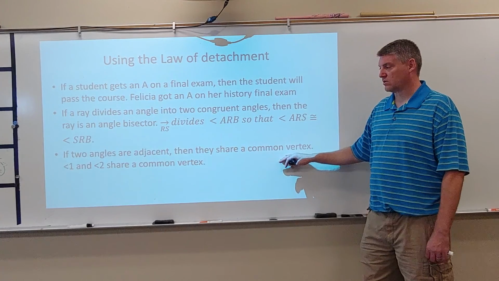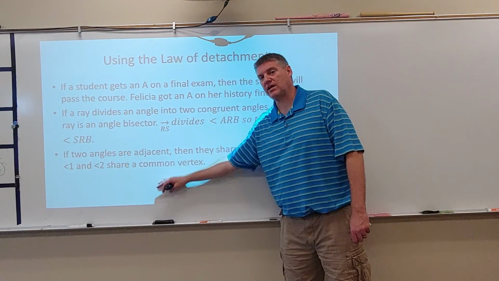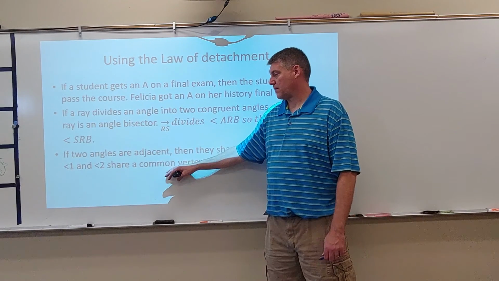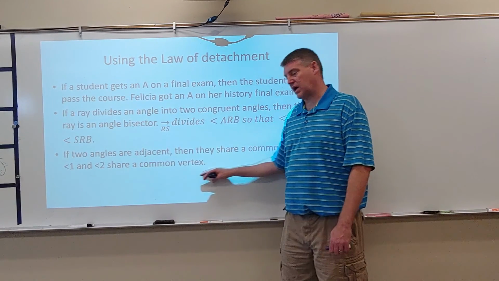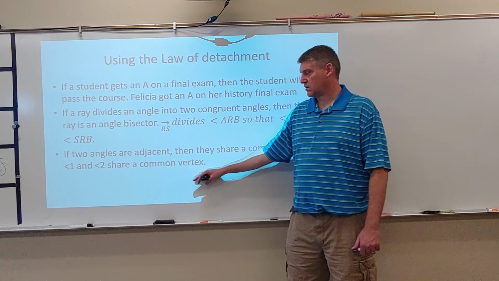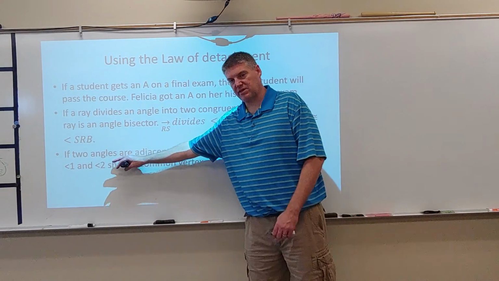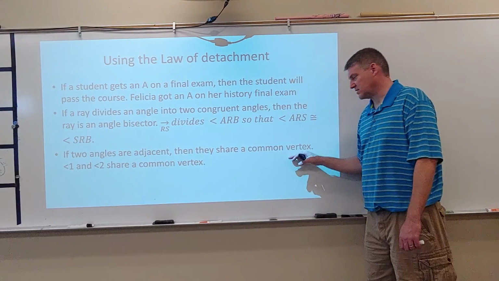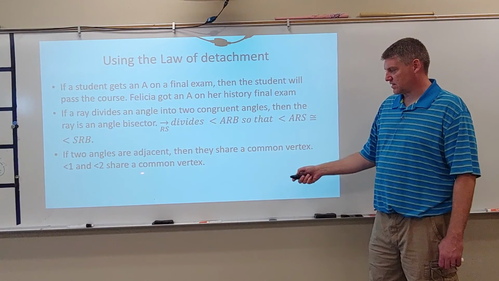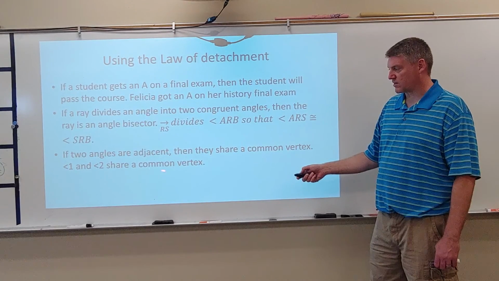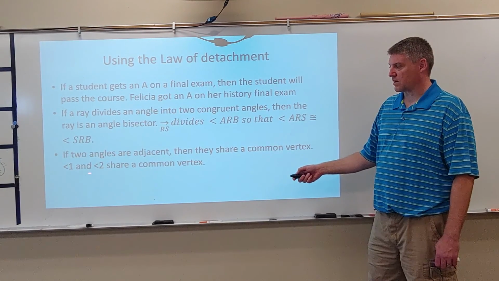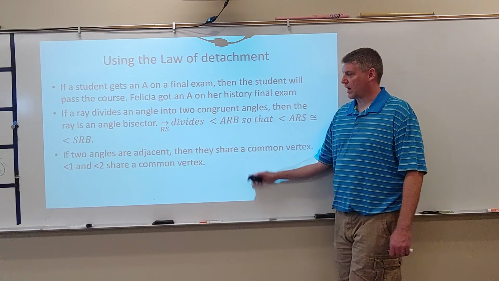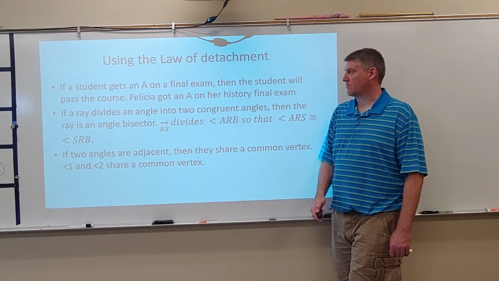So because it's our conclusion, we don't have any knowledge about angle 1 and 2. There's nothing we can write from this. Remember that it has to be the first part of the statement first. If we have that, then we can say the second. But since this is the conclusion of our statement, we don't know anything about 1 and 2. So there's no conclusion we can draw from that.